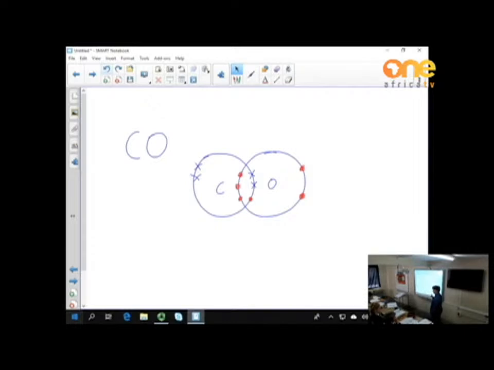All right. Are you with me? So they both have a single pair of electrons in the outer shell, and there is a triple bond holding the carbon onto the oxygen to form carbon monoxide. Yes. It gives a pair, but remember, oxygen has how many outer shell electrons? 6. 1, 2, 3, 4, 5, 6.